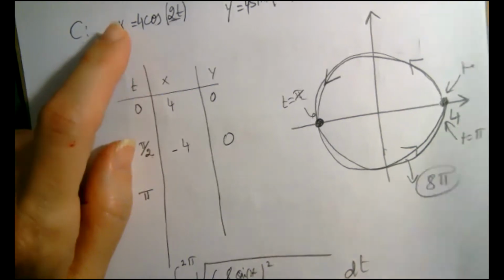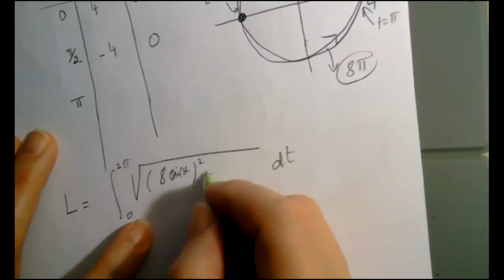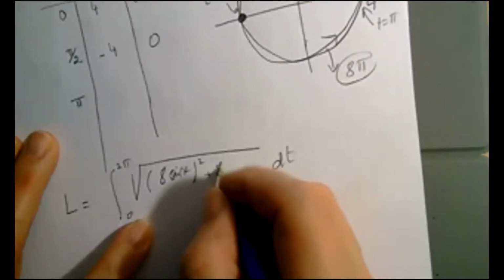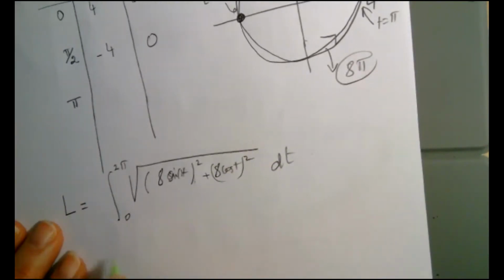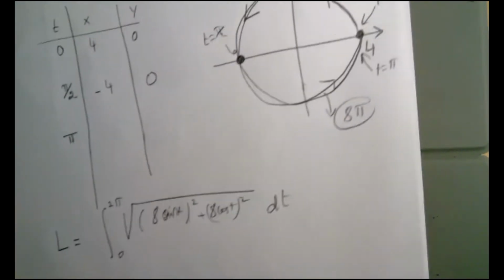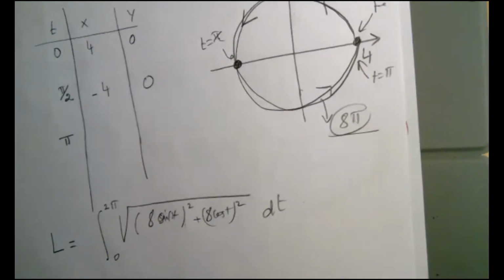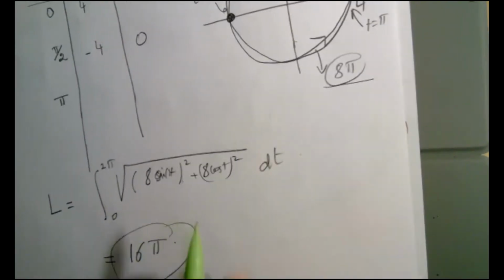So I'm gonna have basically 8 cosine 2t squared. And again here, because I have this inside function, it's going to be 8 cosine t squared. So when I do the math verbatim like I did a minute before, I will get the 16 pi. I will not get the length of the curve. I'll get twice the length of the curve.